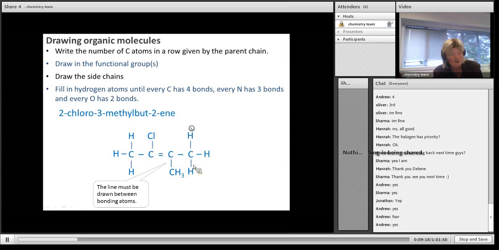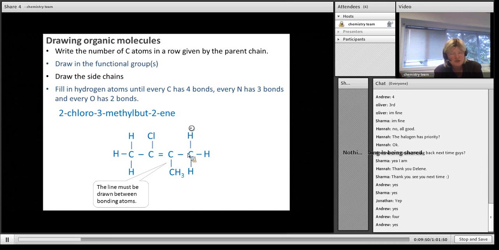And then as you get more confident that you're drawing enough hydrogens in and you're not giving the carbon atoms too many or too few hydrogens, then you can start condensing it. You can condense it to a methyl, and then you could even condense it even more. You could have just said CH3, CCl, double bond C, CH3, CH3. Or you could have just simply said CH3 and then in brackets 2, if you wanted to condense it right down. But you've got to be really confident before you start condensing it that much.